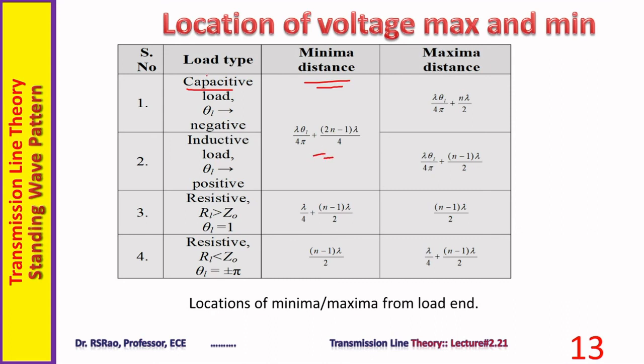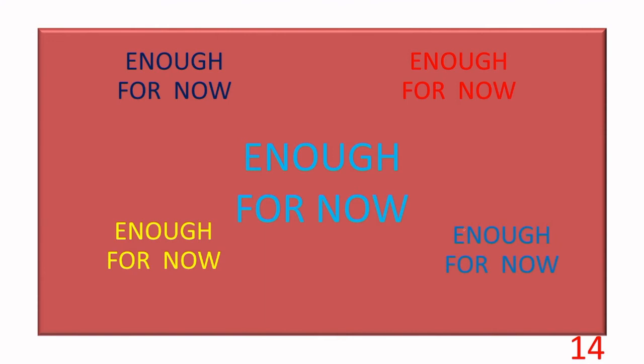When load is capacitive, distance of first maximum you will be getting by substituting n equal to 1 here. When load is inductive, first maximum distance from the load you can find from here. When load is resistive, more than Z0, resistive less than Z0, that information is provided here. This is what I have with me to share with you.